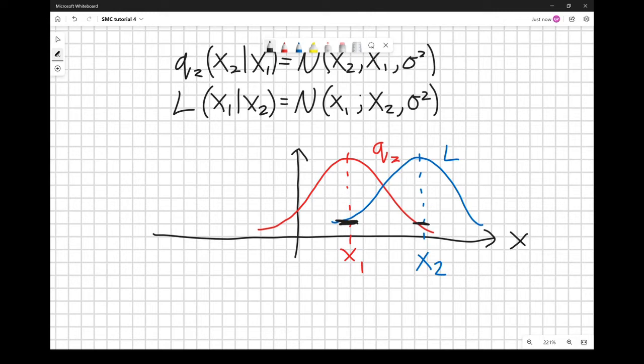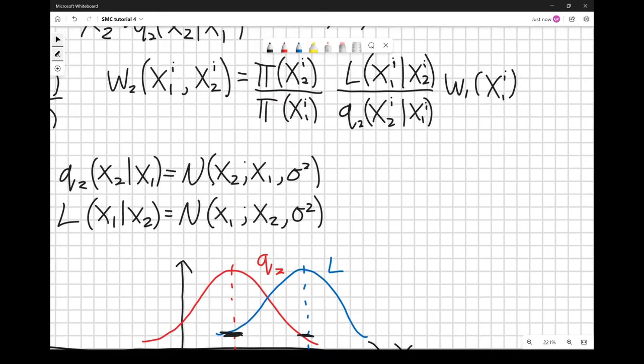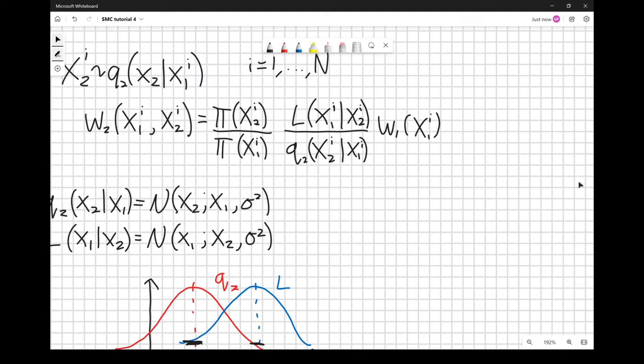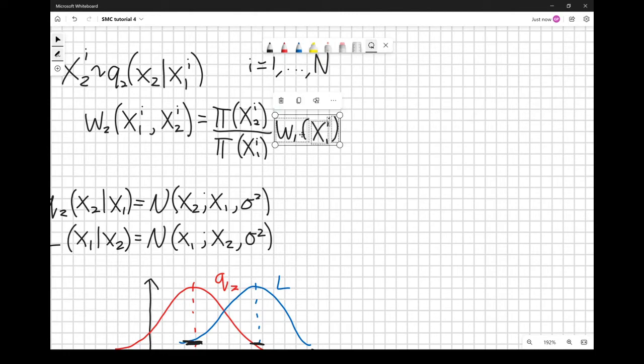So that means that for all of your x1s and x2s, the ratio of the L-kernel to the proposal will cancel. So that sounds like it's good. Why? Because then this term here can simply be equal to 1. So you can just select that and delete it, and then move our weights over here.